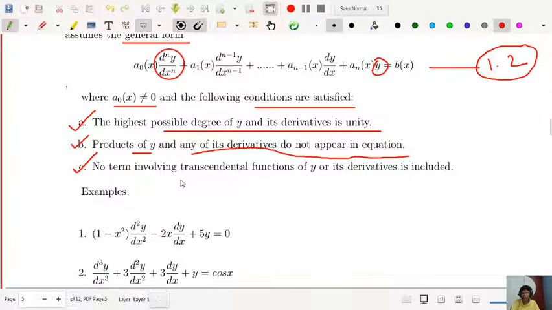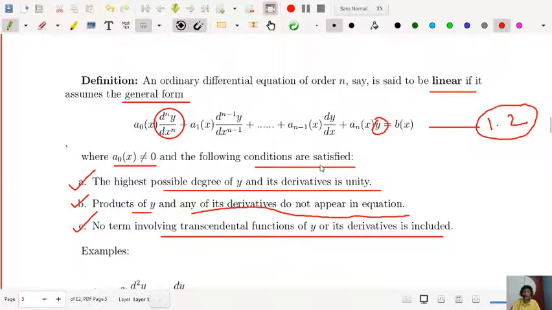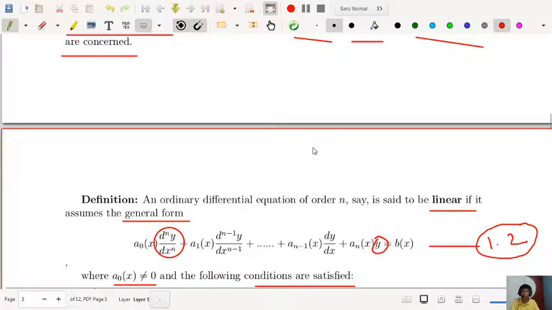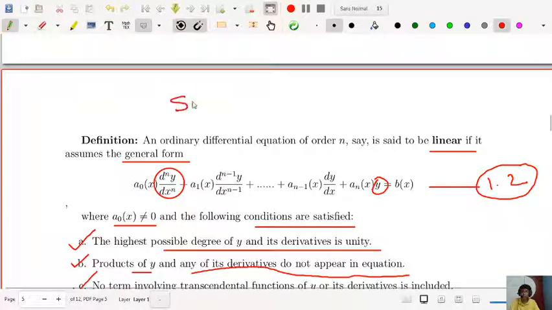Number 3, no term involving transcendental functions of y and its derivative is included. There should not be any term involving transcendental functions of y. So sine y, cos y, these are not merely trigonometric functions, these are called transcendental, and non-linearity is actually there. Suppose sine y, what is the expansion of sine y?